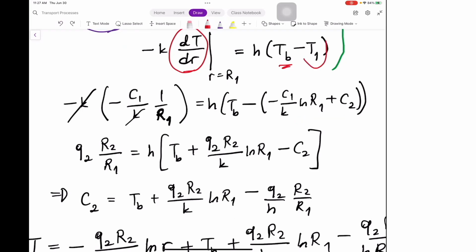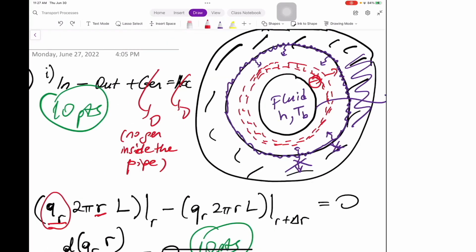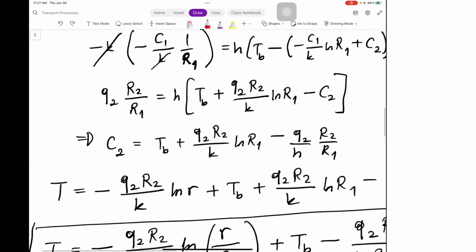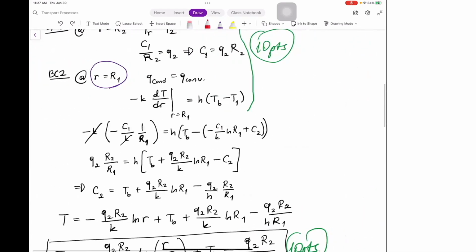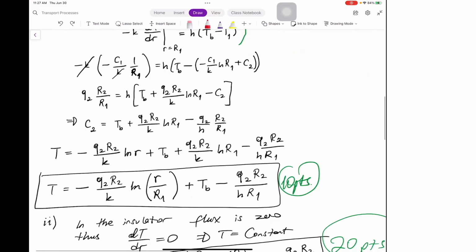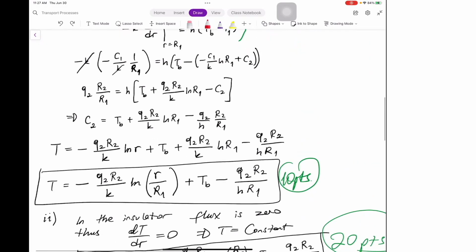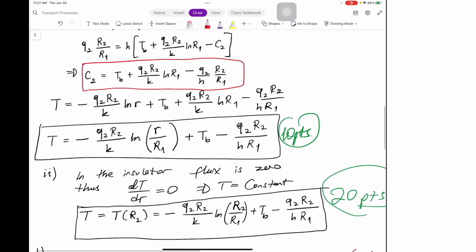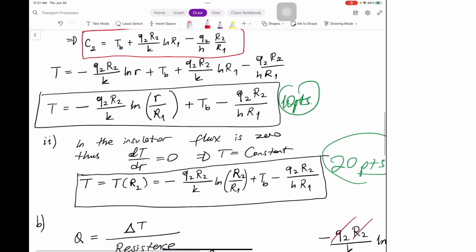So this T1 is the T calculated at R is equal to R1. Good. So after some algebra, you find that the C2 must be this. Okay, and you plug it in the temperature equation, and you find this one. Please let me know if you have any question about this.